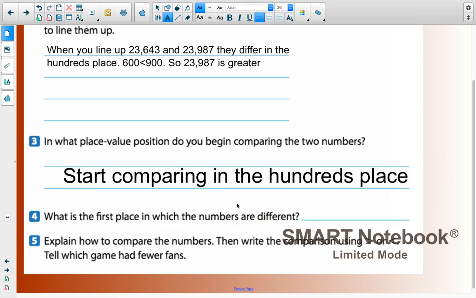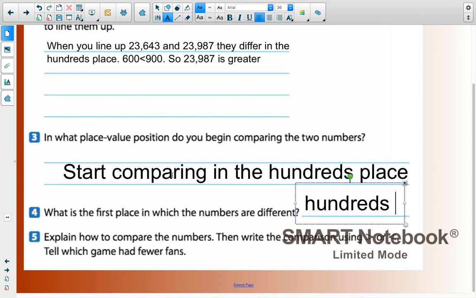What is the first place in which the numbers are different? They are different in the hundreds. For the third time now, hundreds place.